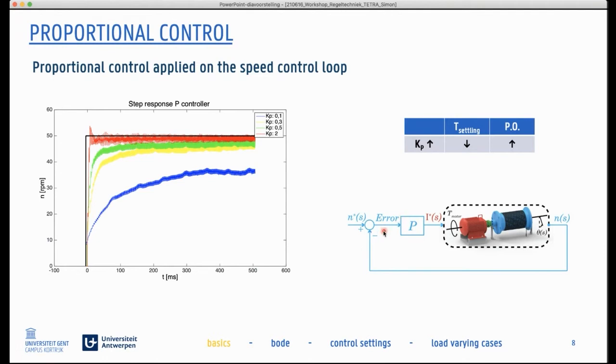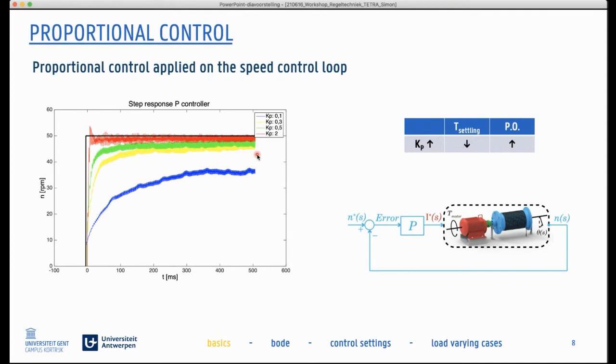A 0 error amplified with whichever KP would lead to 0 current. So you don't drive the machine anymore. And that means that suddenly there will be no more speed. So with a KP, we get a so-called steady state situation in which the error is just enough to maintain the motion. There is just enough error to maintain the motion and to have a current.